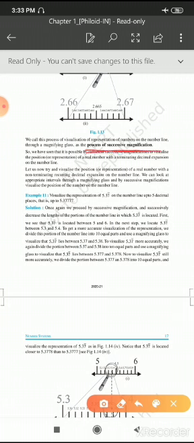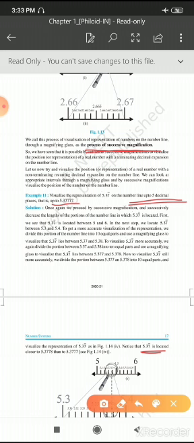See how to represent 5.37 bar on the number line. 5.37 bar is to be represented on the number line up to 5 decimal places. What will that number be up to 5 decimal places? It will be 5.37777.